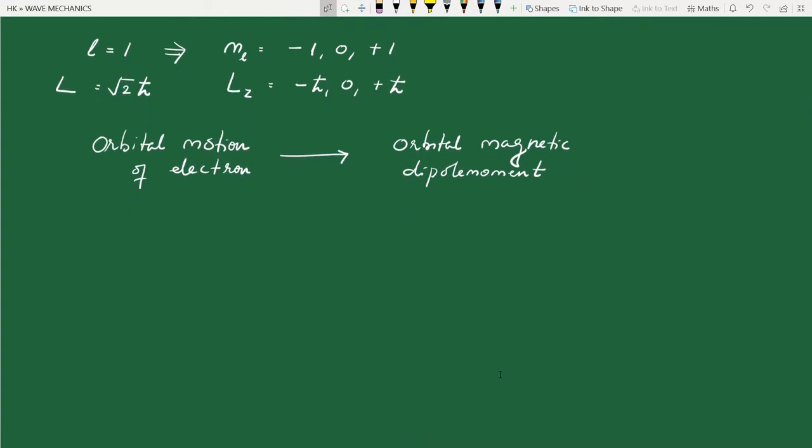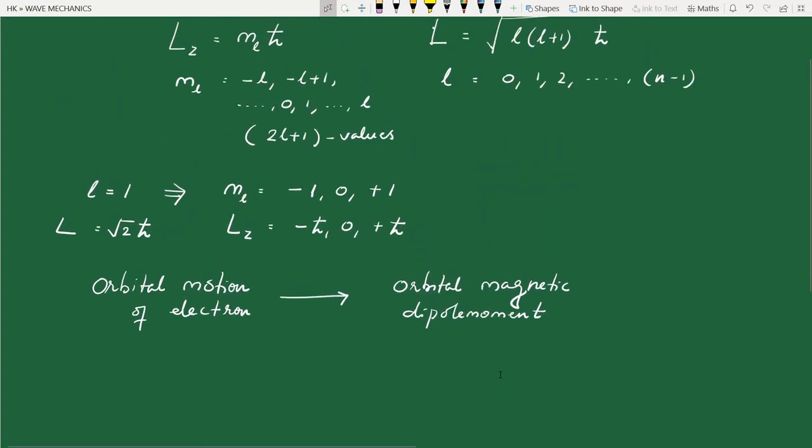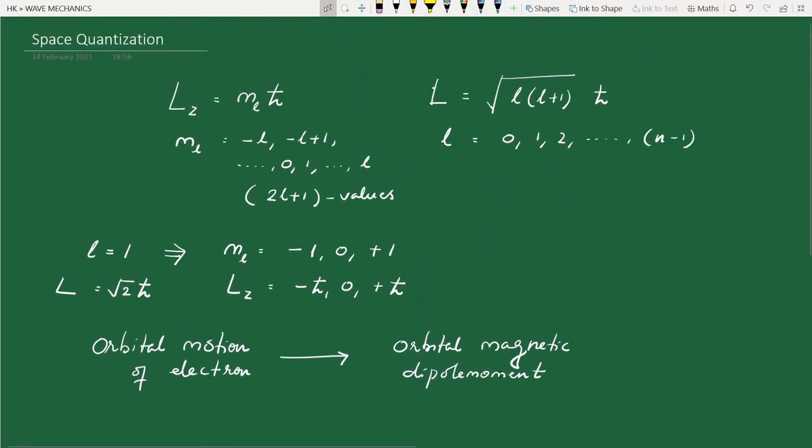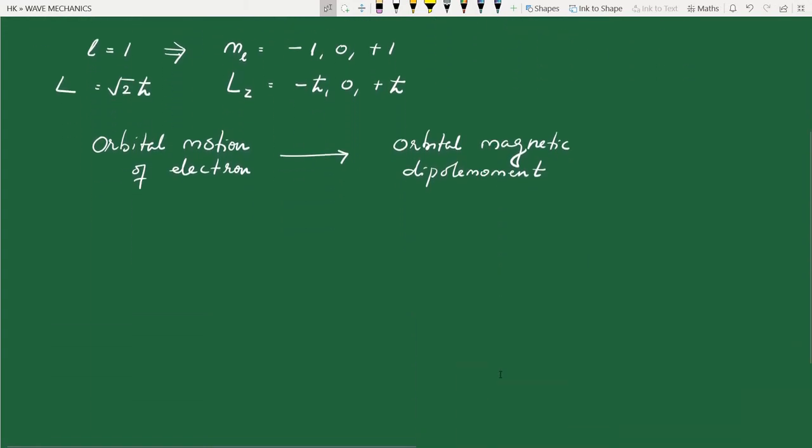First of all, let me try to obtain an expression for this magnetic dipole moment. Again, this treatment is somewhat semi-classical, so let us try.